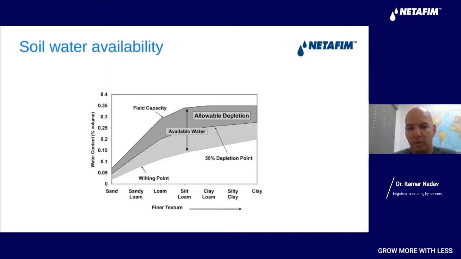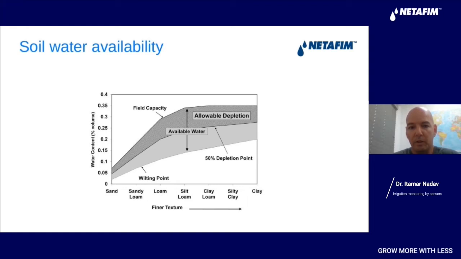And if you look at this graph, this is just a graphic of the numbers of the table that you saw before. You can see that the total available water of sandy soil is much lower than for clay soil. And here you can also see the allowable depletion that we allow, which is defined as 50% or sometimes even less.